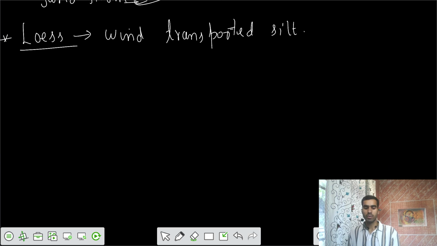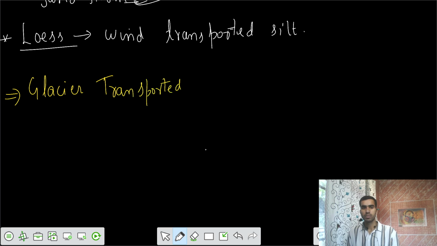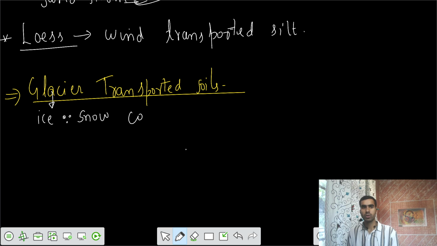So let's have glacier deposited soils. We might also have glacier transported soil, or we can say deposited soil. So what's a glacier? I would say this is a bigger mass of ice. It's formed because of snow compaction. When the snow compacts, it forms a hard solid mass of ice.